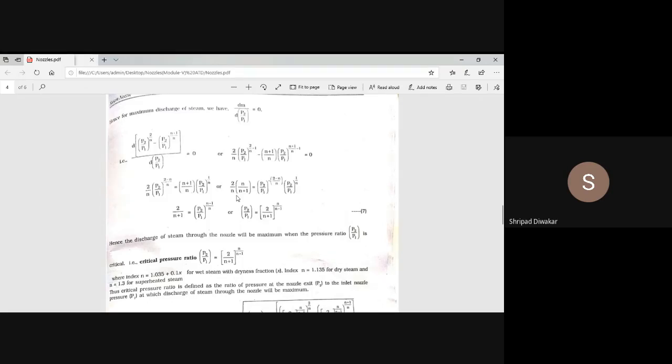Whatever pressure ratio we get for maximum discharge is called the critical pressure ratio. Remember, this is not the normal pressure ratio. It is called the critical pressure ratio because we get this expression for maximum discharge.